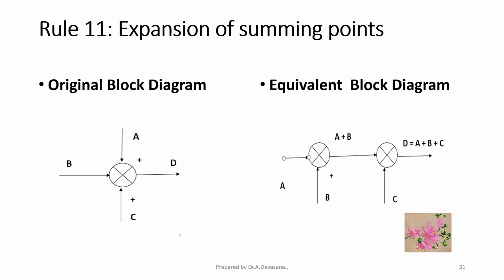That is, one summing point is expanded to 2. The signals A and B are applied to summing point 1. We get the A plus B signal. This A plus B signal is applied to the second summing point. Already in the second summing point, the signal C is available. Therefore, the output from the second summing point is D. Its value is A plus B plus C.